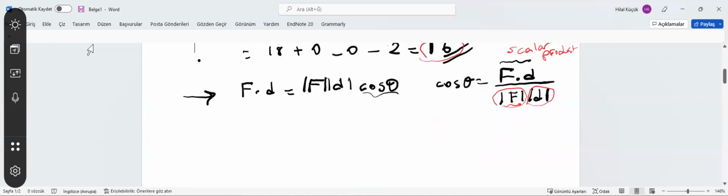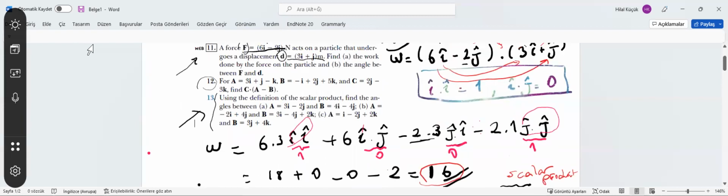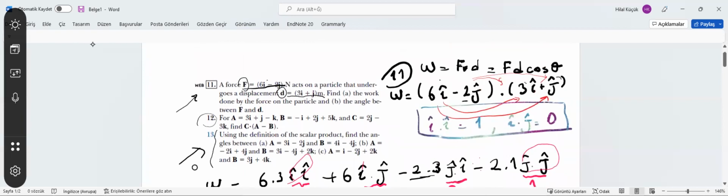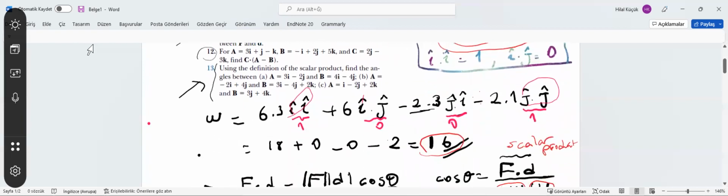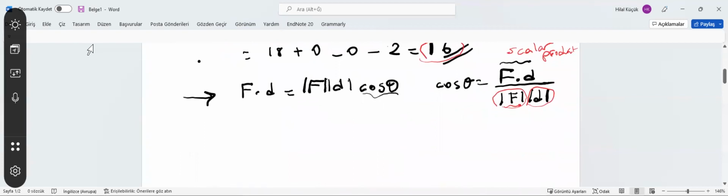We already found F·D, because please come back here. Work is equal to the F·D part. I will write here work equals F·D, and I know this part. We already found 16. Of course, don't forget its unit.